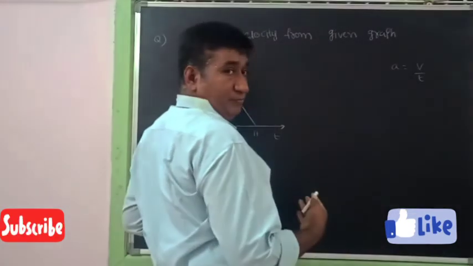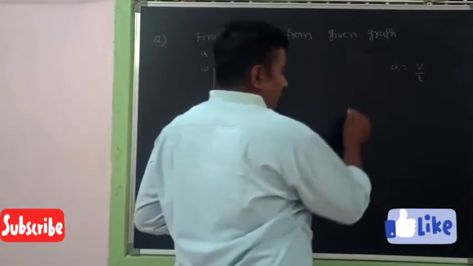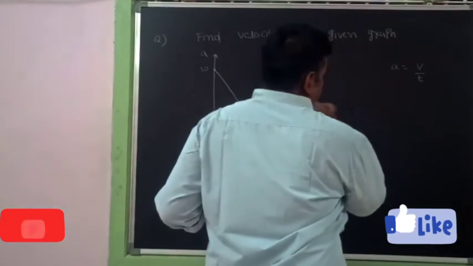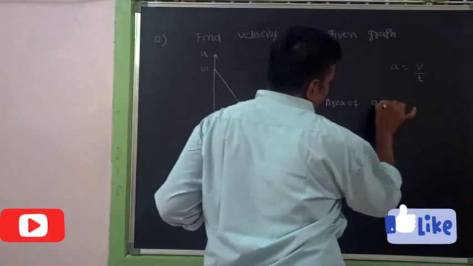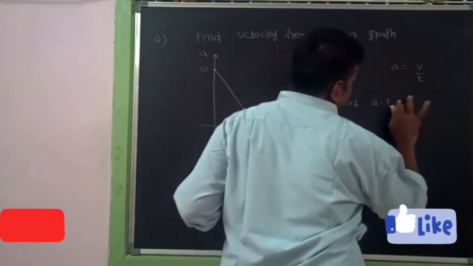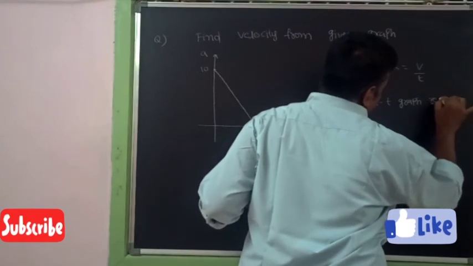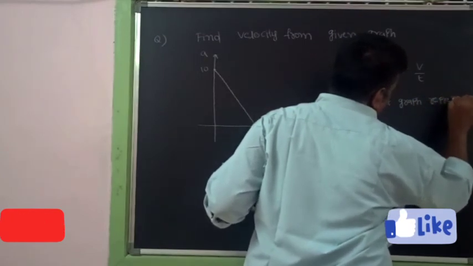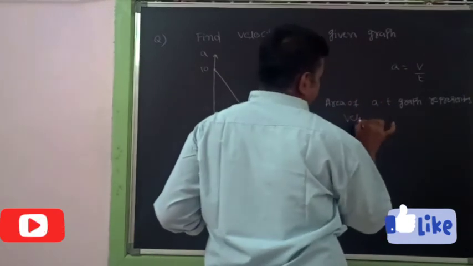Here the area under the AT graph represents the velocity. So the area of the acceleration time graph represents velocity.